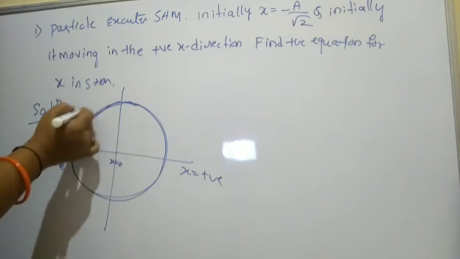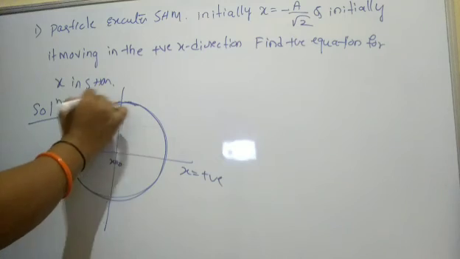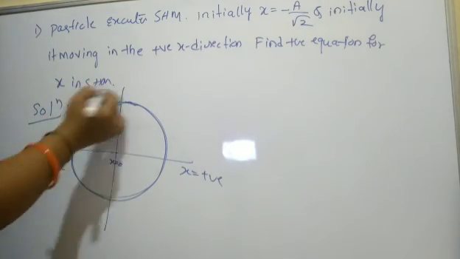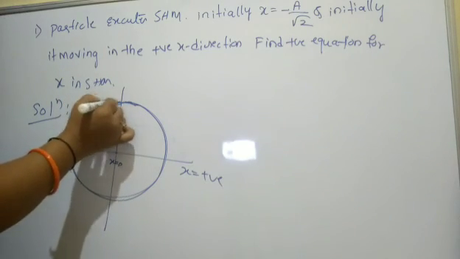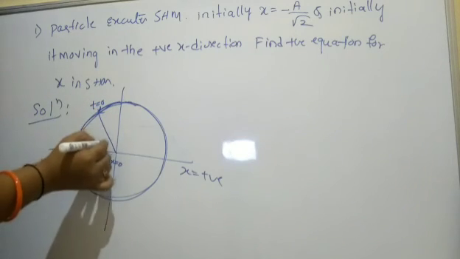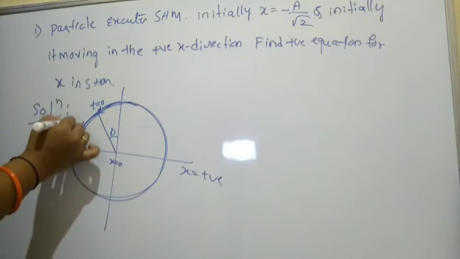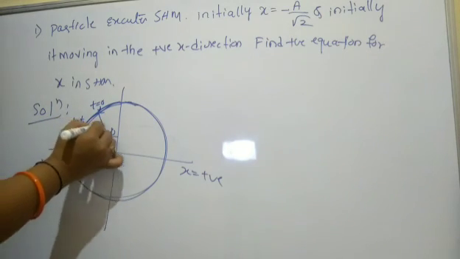The particle is moving in the anti-clockwise direction. That means it is moving in this direction. So the particle is there in this form, and T is there in this form. This is nothing but the phi here, right? It is moving a certain distance, say about T. So this is the projection here.